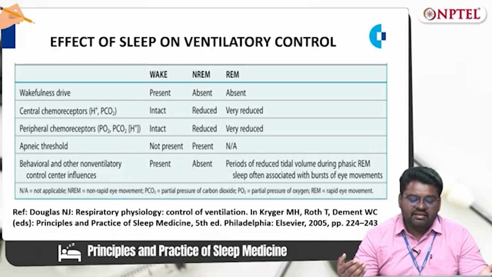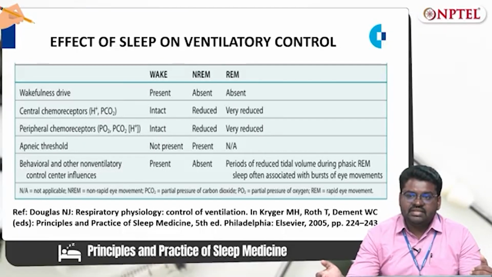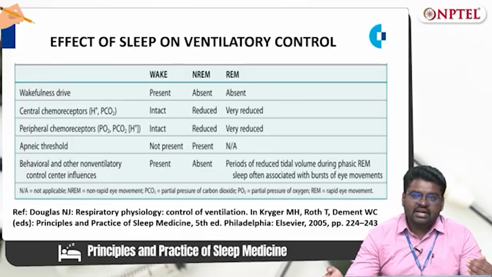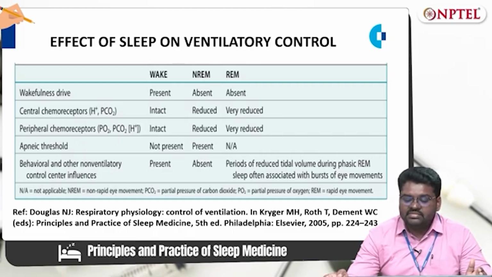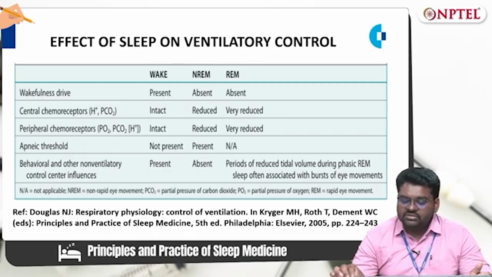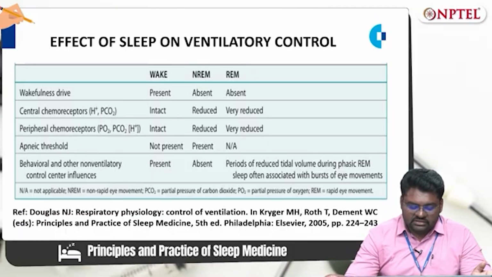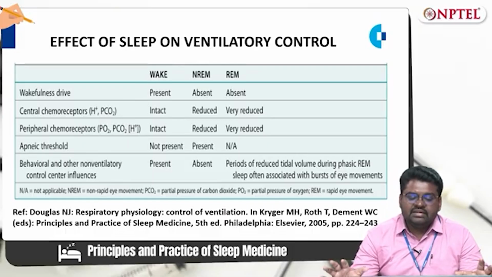We can change the behavior and other non-voluntary control system. Like if we touch a hot object, we suddenly remove our hand. So that is the non-voluntary control. So it will be present in wake. In NREM sleep it is completely absent, and in REM sleep there are periods of reduced tidal volume during phasic REM sleep, often associated with bursts of eye movements. So basically this is a summary of the effect of sleep on ventilatory control.